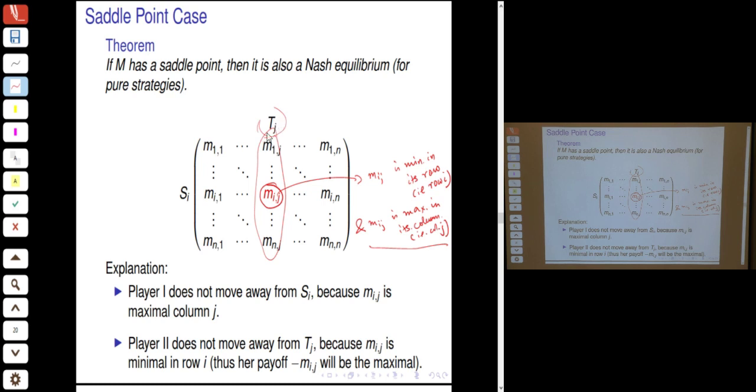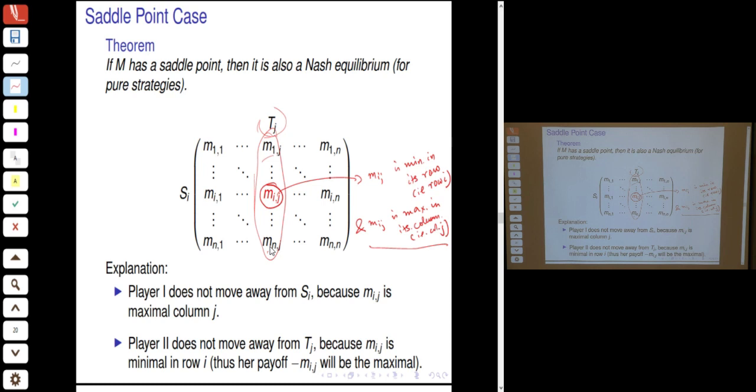So the jth column exactly corresponds to the situation when player 2 is employing strategy j and player 1 can make any of the possible strategy choices between 1 and n. And Mij is precisely the payoff for player 1 when player 2 uses strategy j and player 1 uses strategy i.